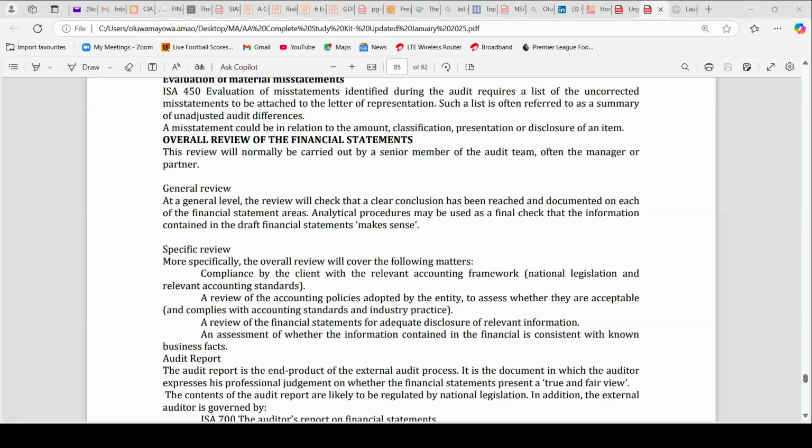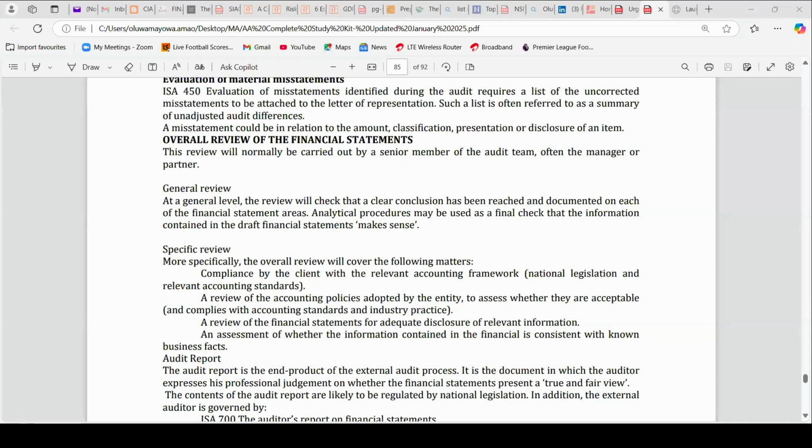But the interesting thing between the two is that the effect of fraud or error on the financial statement will look the same. If there is an omission of 10 million on the financial statement due to error, and if there is a fraud of 10 million that is not captured in the financial statement, both will look the same. So both are called misstatement. Now, what the auditor is trying to do is to identify misstatement.